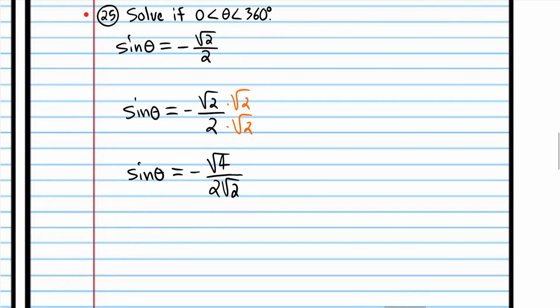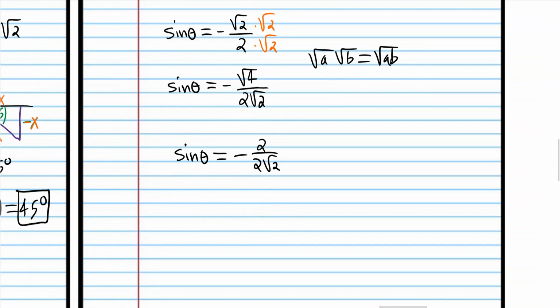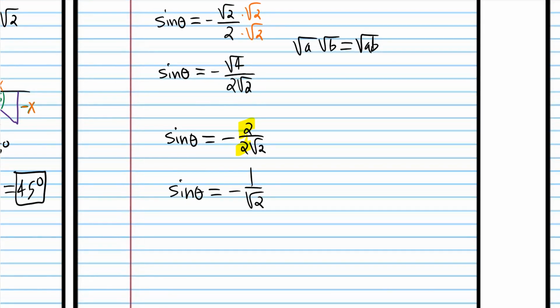So we multiply root 2 times root 2, we get root 4. And if you forgot that principle, here's the principle. Root A times root B is root AB. Now the square root of 4 is just 2, and then you see the 2's cancel out, these yellow 2's here, and we have negative 1 over root 2.